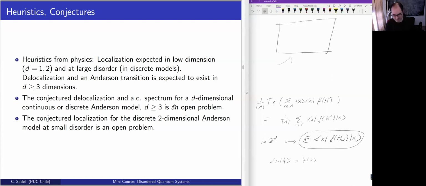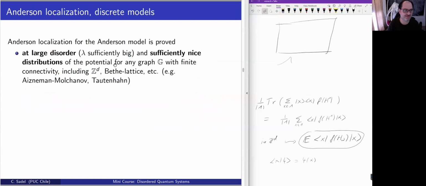Well, so let's look at some of the results where the localization actually is proved. In discrete models, the Anderson localization is proved at large disorder and for sufficiently nice distributions of the potential for any graph with finite connectivity, including Z^d, the Bethe lattice, and some more general things.